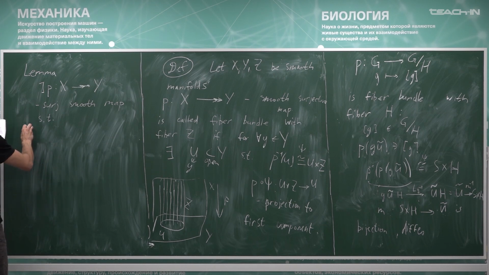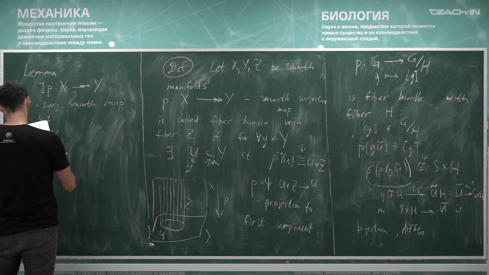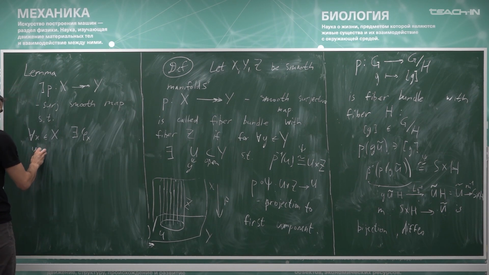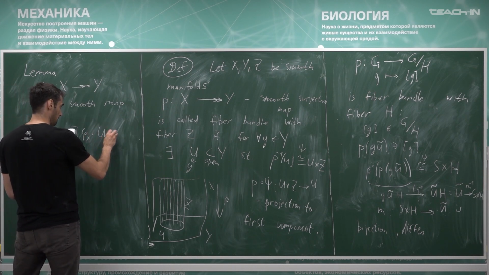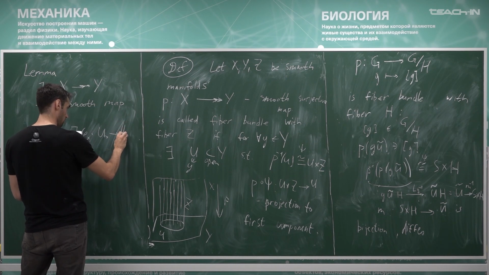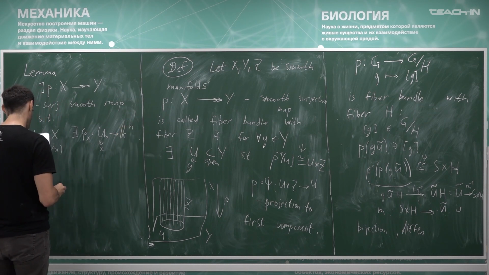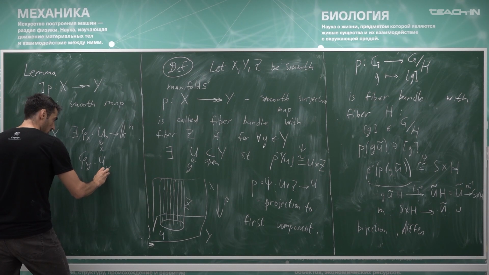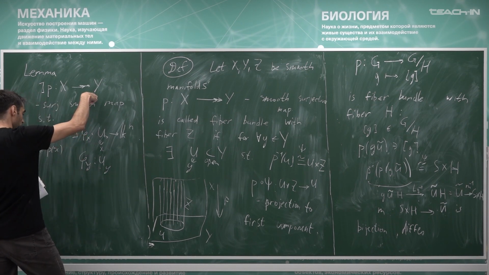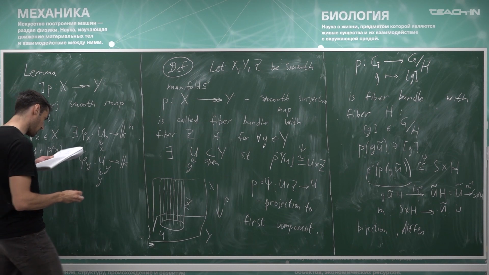More concretely, it means that for every x in X, if I take y to be P of x, there exists a chart phi X, from some neighborhood U x containing x to K^n, and a chart phi Y from a chart in Y containing y to K^m.